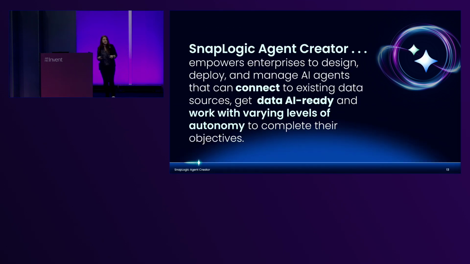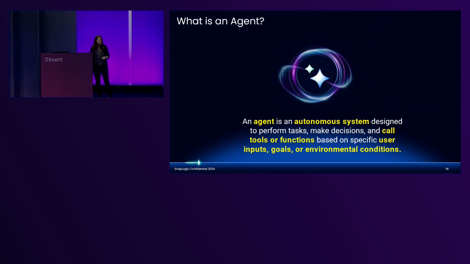SnapLogic's Agent Creator empowers enterprises to design, deploy, and manage AI agents that can connect to existing data sources, get AI data ready, and work with varying levels of autonomy, and that's the key, to complete their objectives. And so that kind of takes us into what exactly is an agent. I know last year, everything from a chatbot to a website was considered an agent.